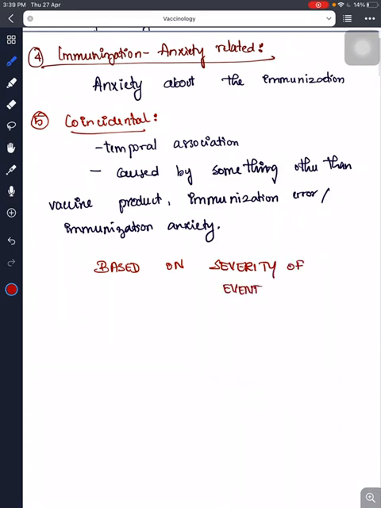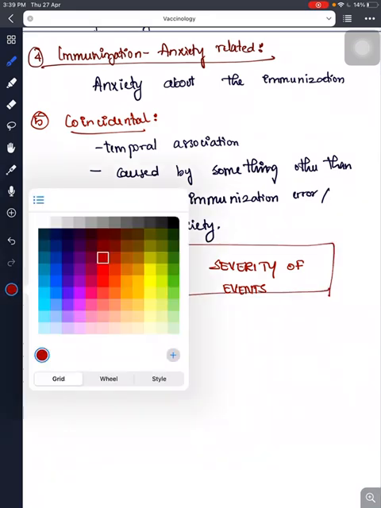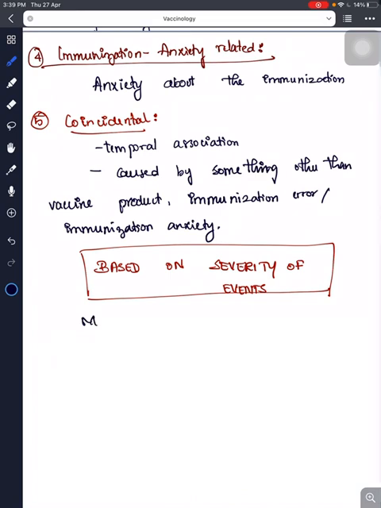Second category, based on severity of events.